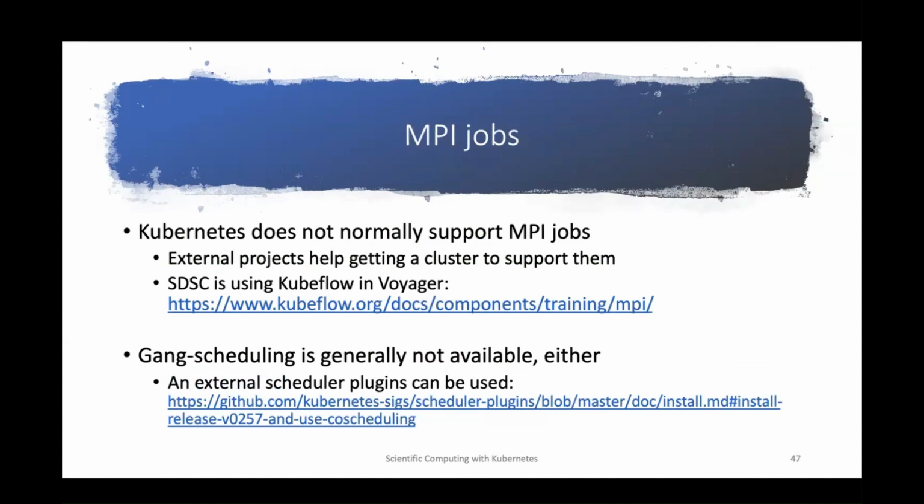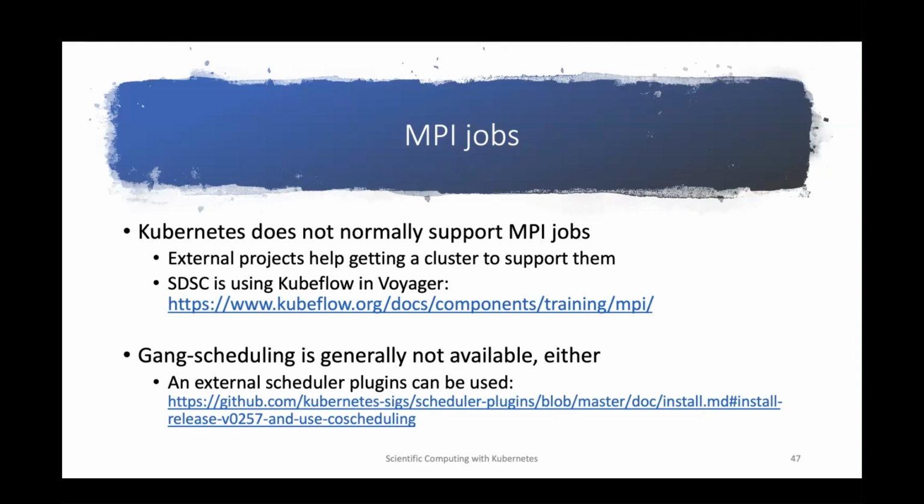Since we are all in HPC land, what about MPI jobs? You may have noticed that there was no MPI so far. Well, the truth is Kubernetes does not normally support MPI jobs out of the box, but you have external projects that can help you get a cluster to support them. For example, in Voyager, here at SDSC, we use Kubeflow, and there is a link there.